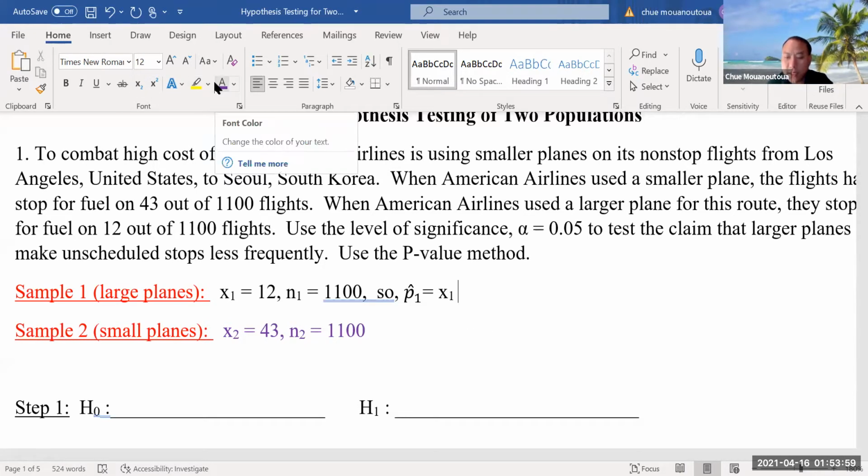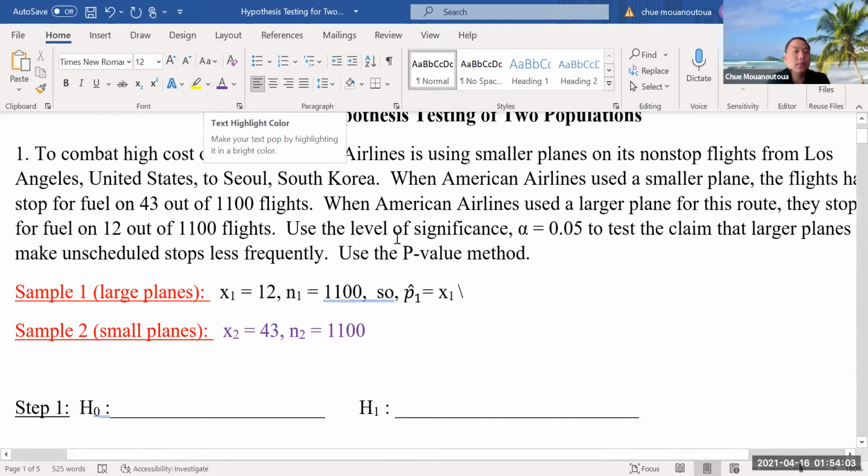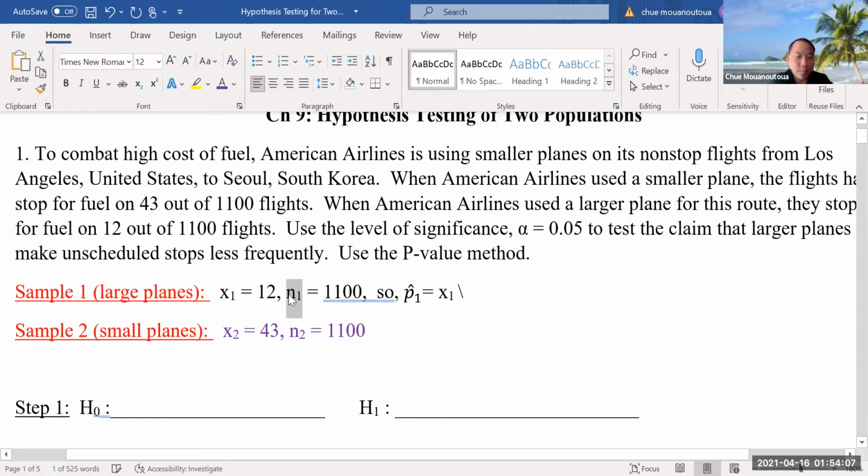So remember that p hat is x divided by n. So it makes sense that if I'm going to do a p hat 1, I will put x1 divided by n1. I do the same thing with my second sample.